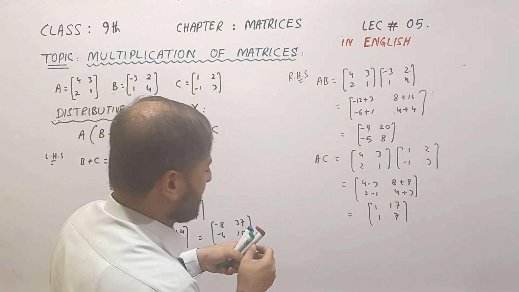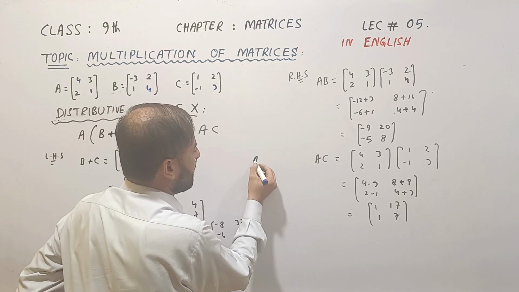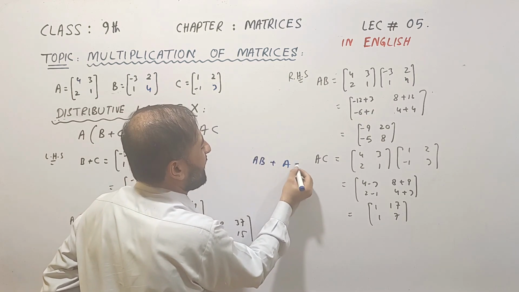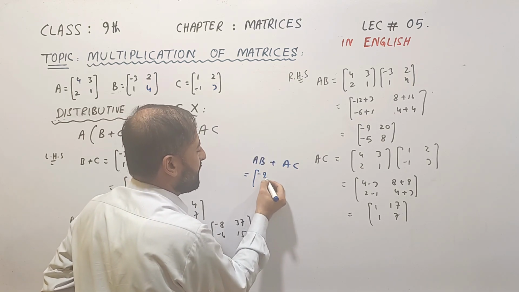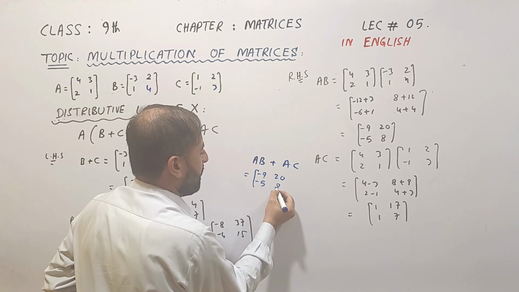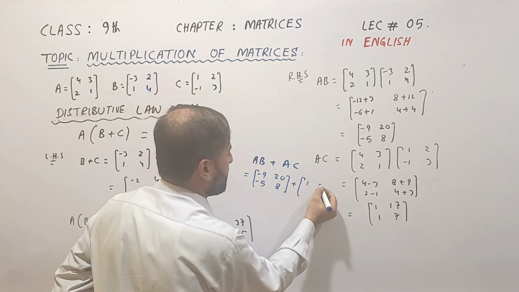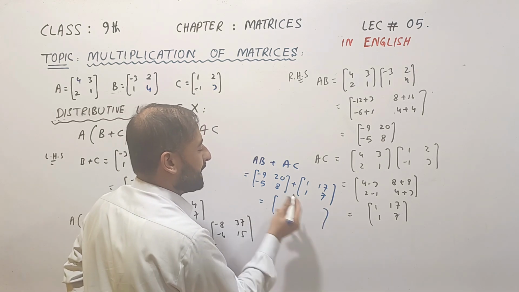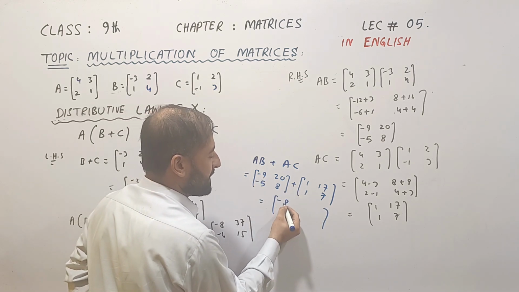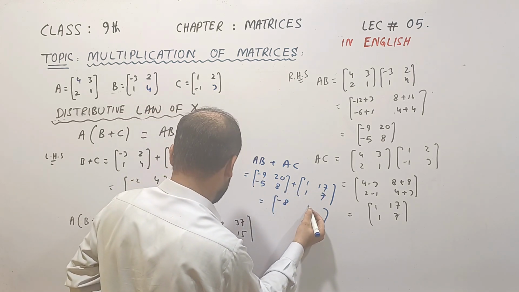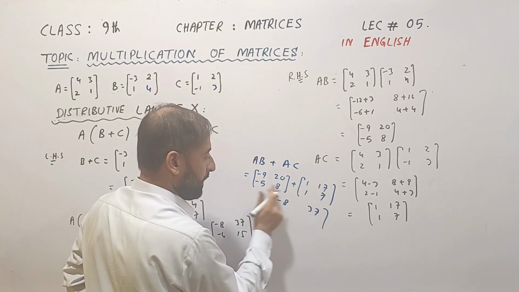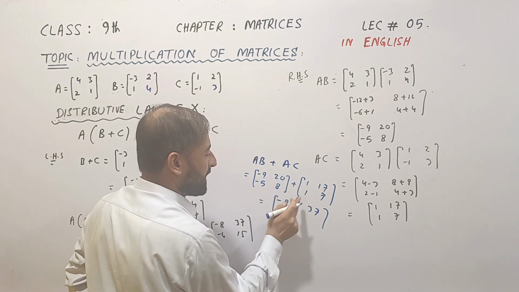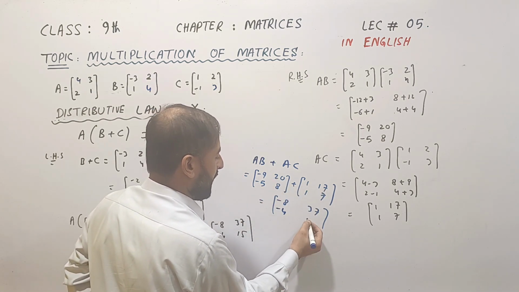Finally, AB plus AC. AB, minus 9, 20, minus 5, 8, and AC, 1, 17, 1, 7. Add them, corresponding elements addition: minus 8, 37, minus 4, 15.